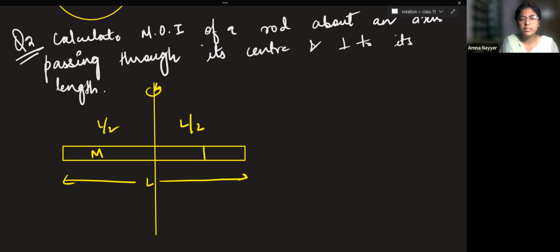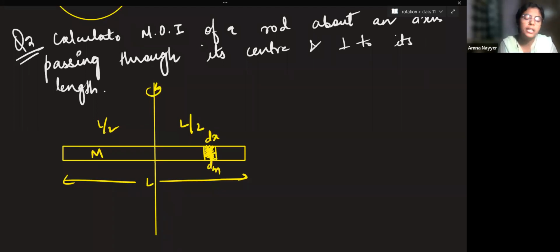Now, for this, I am considering a very small length, that is dx, whose mass is dm. Entire mass is M. The entire length is L. But just for this small portion, I'm assuming that length is dx, and mass is dm.